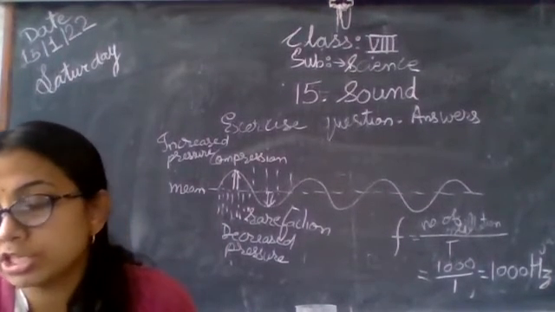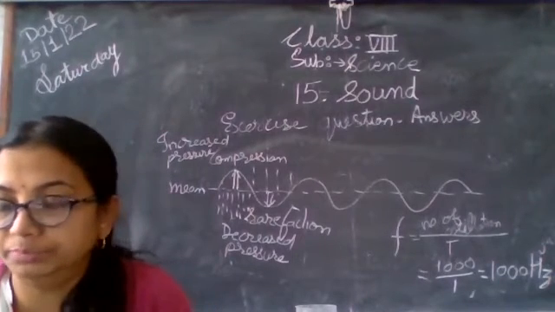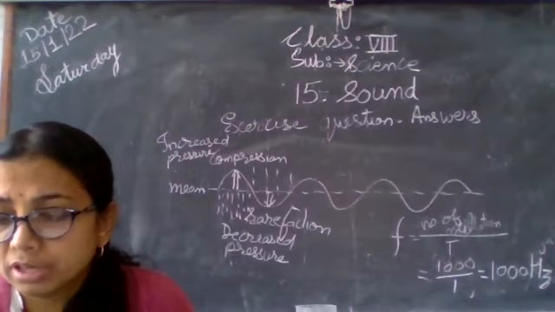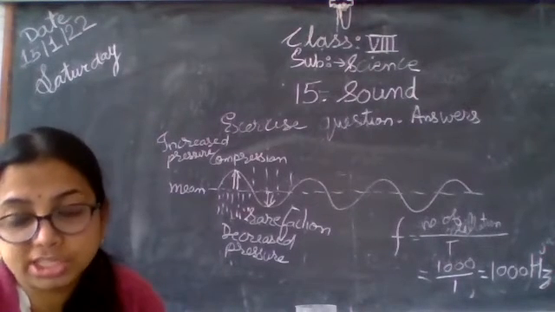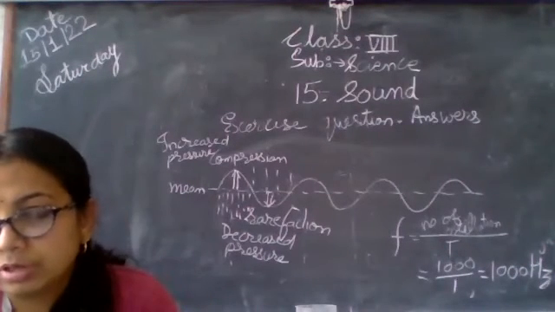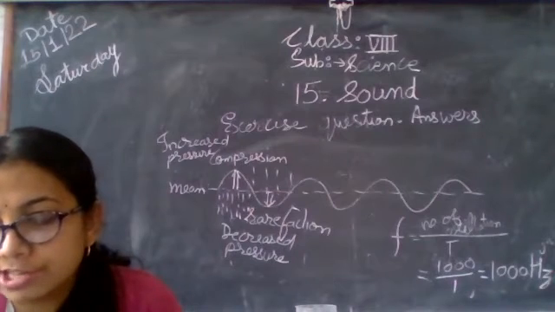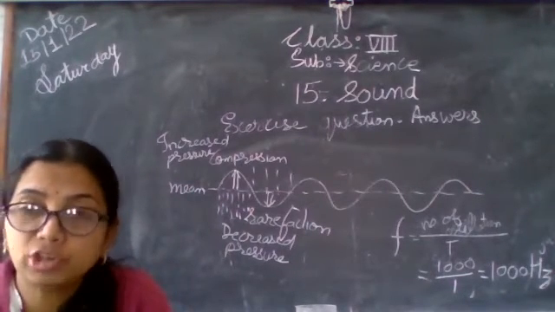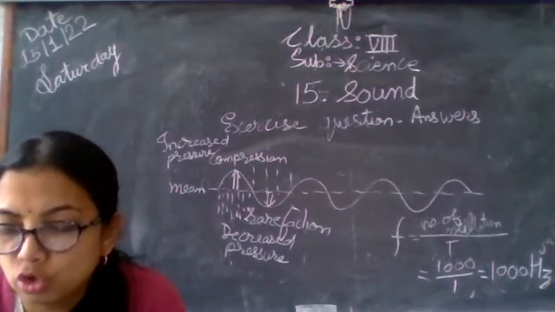Next one, how is sound produced in the human larynx and in a loudspeaker? In the larynx, when the lungs force air through the slit, the vocal cords vibrate, producing a certain sound. Muscles attached to the vocal cord make the cords tight or loose, just like the string instrument where we can make it tight or loose.